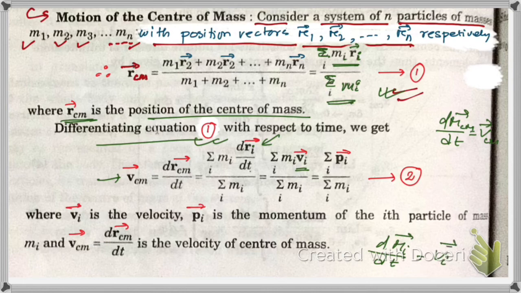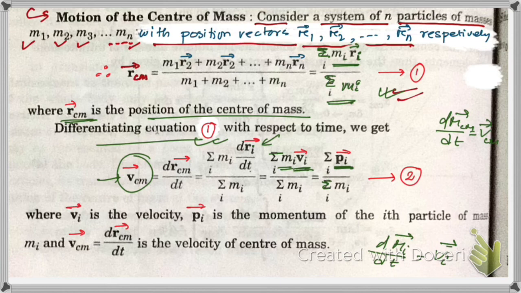So mass into velocity gives momentum. Here we are taking the summation of the momentum of all the particles, the sum of all pi. That gives you the sum of momenta of all the particles, divided by the sum of the masses of all the particles, that is, the total mass of the system. That is the velocity of the center of mass.